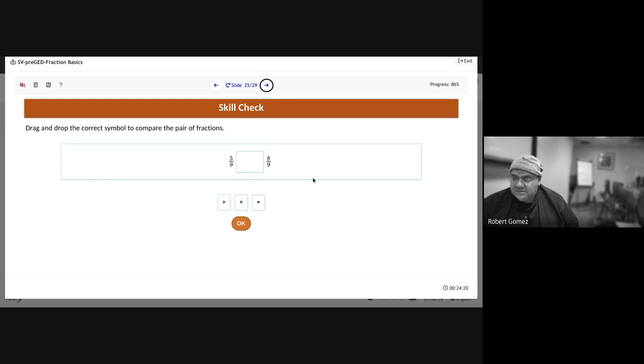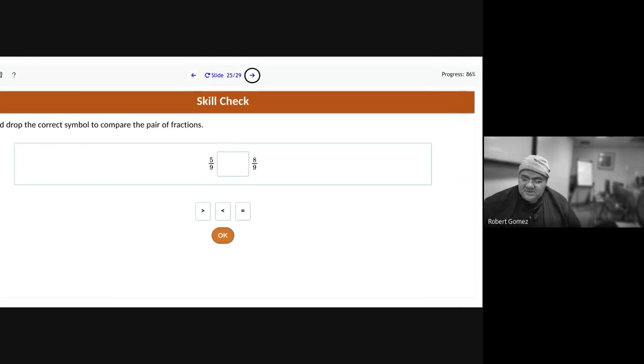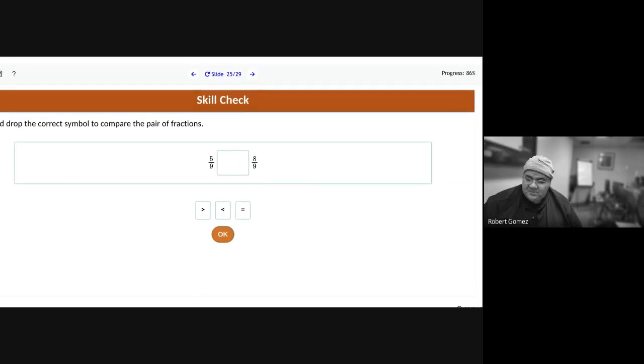Okay, so here they want us to compare. So we'll do the skill check together. So work in the example, okay? We're going to take 5 over 9 and 8 over 9. Now, once again, I'm keeping track of what I'm doing here. So I'm going to take 5 times 9. That's going to give me 45.